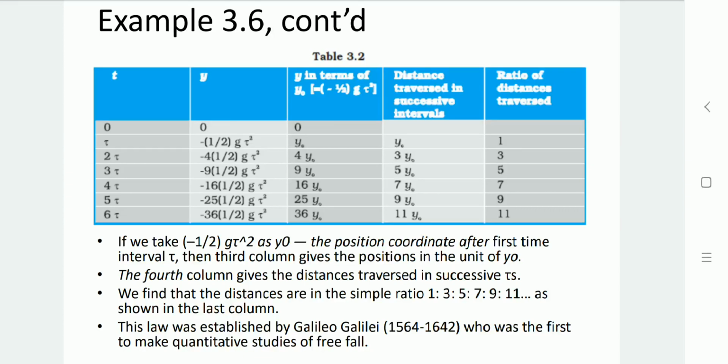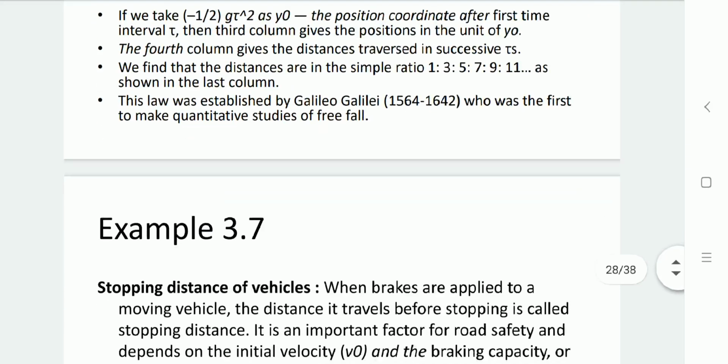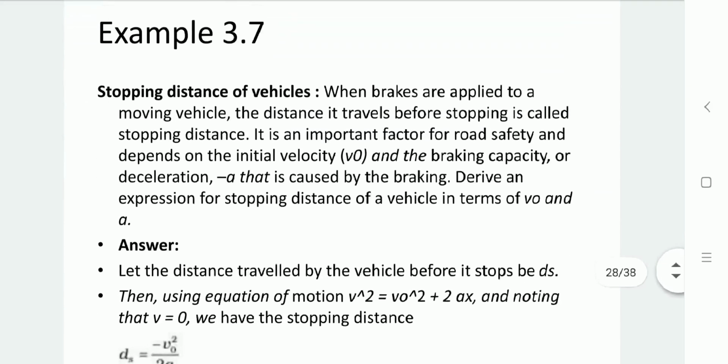This is the law given by Galileo, who was the first to make a quantitative study of free fall and define it in an odd number ratio. Clear? Now let us take another example.